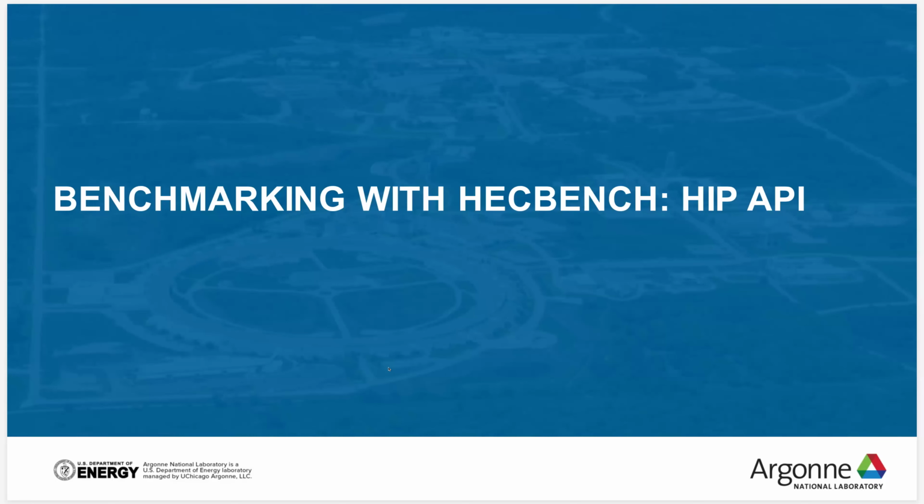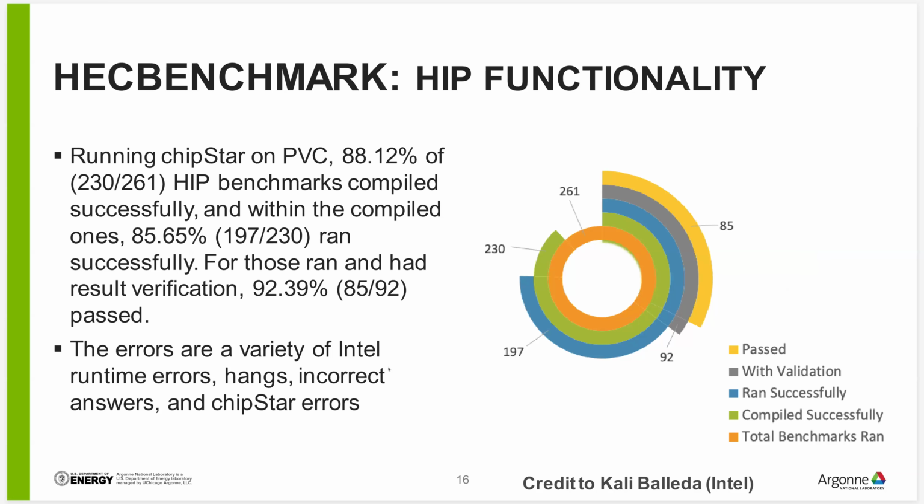So first, the HIP API version of our comparison. We worked on the full 261 HIP benchmarks, which are contained in HeCBench. Not all of those benchmarks contain verification of the results and timing codes.